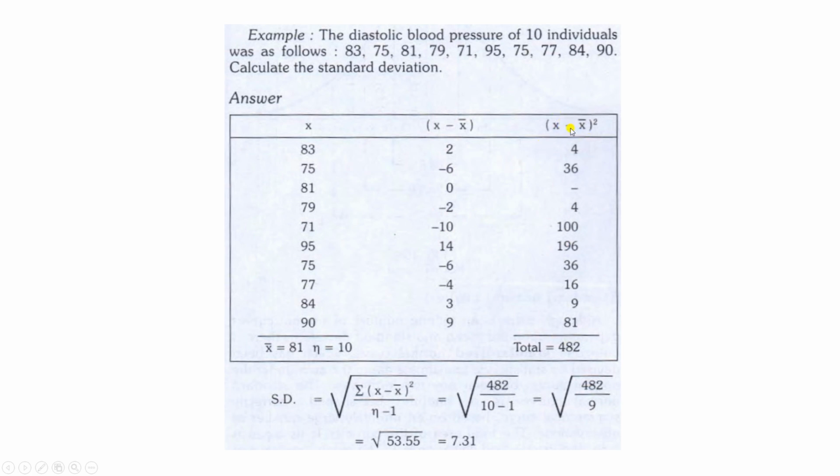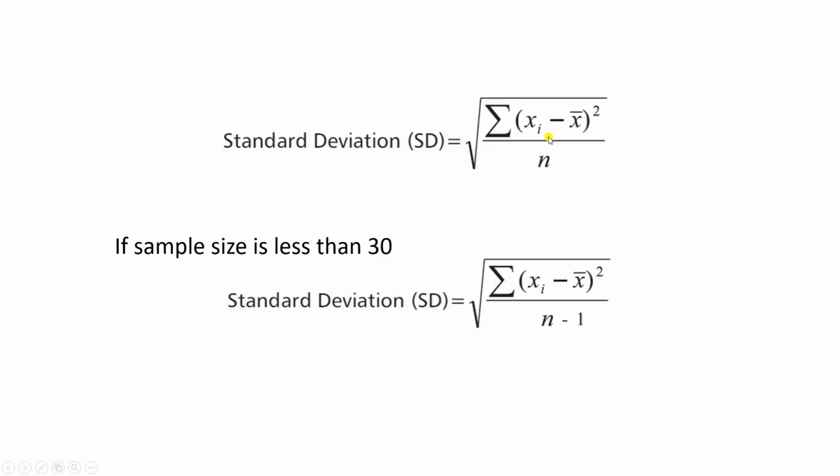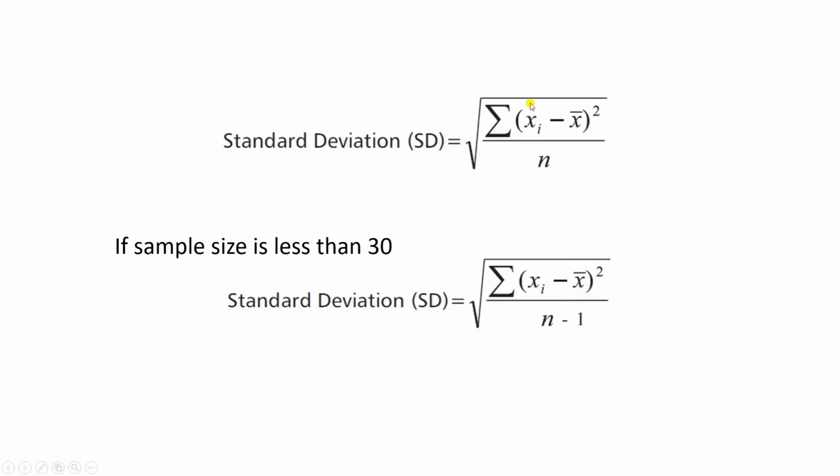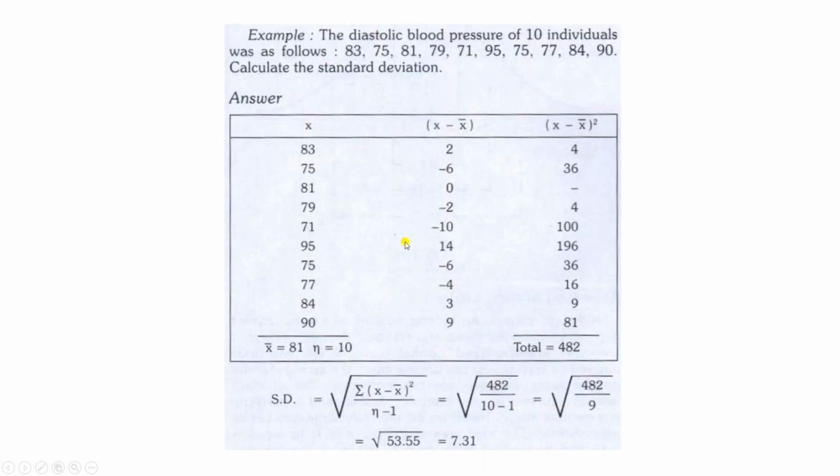So here we have the squared value of x minus x bar, and we have to add them up. So this is my summation of x minus x bar whole square. If you look at the formula, this is the summation of x minus x bar whole square. Here it is 482. So the numerator value will be 482. All right.